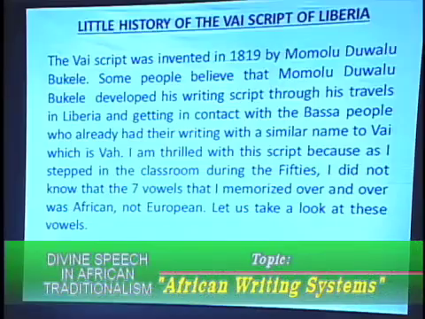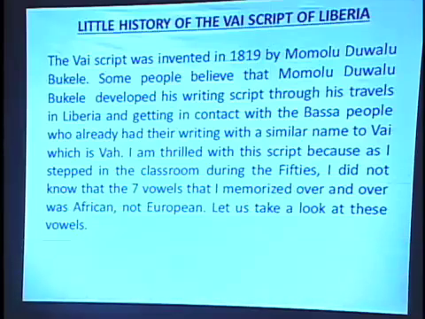Little history of the Vai script of Liberia. The Vai script was invented in 1819 by Momolu Duwalu Bukele. Some people believe that Momolu Duwalu Bukele developed his writing script through his travels in Liberia and getting in contact with the Bassa people, who already had their writing with a similar name to Vai, which is Bassa Vah.